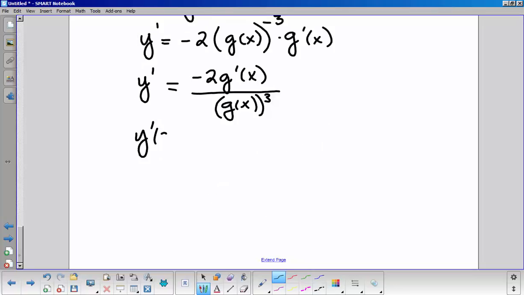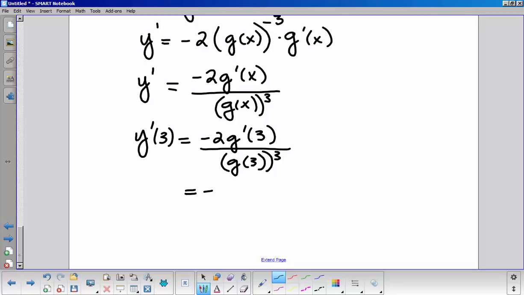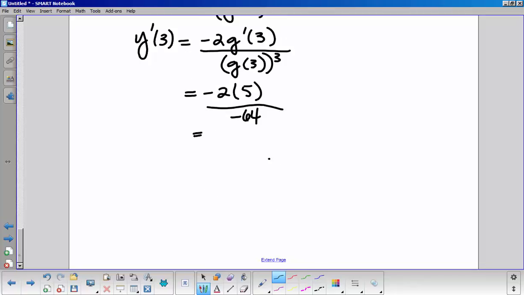So this is going to be y prime of 3, which will be negative 2 times g prime of 3 over g of 3 cubed. All right, so what's g prime of 3? 5. So this is negative 2 times 5 over, what's g of 3? Negative 4 cubed is negative 64, right? And so this is going to be 5 over 32.